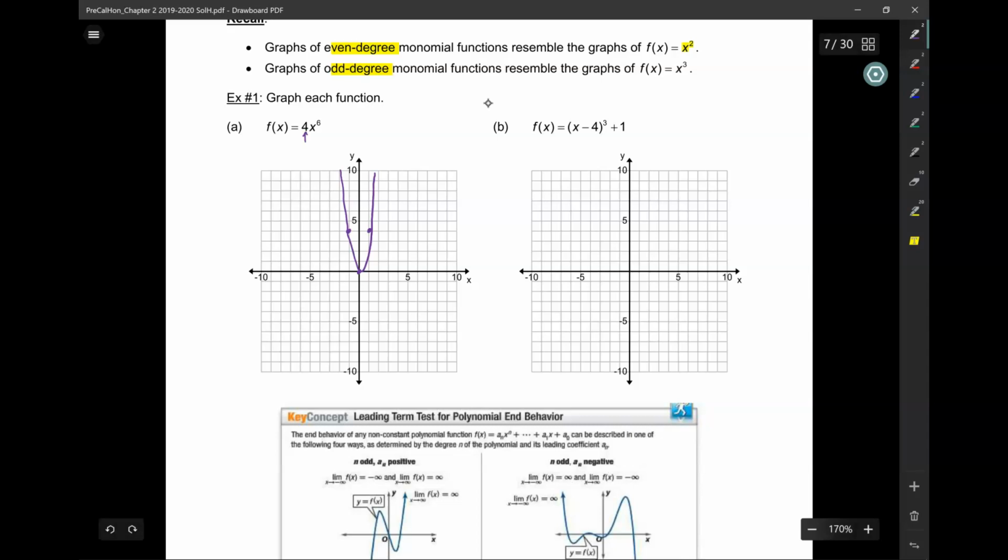In here, this is a cubic function, but it's moved to the right 4 and up 1 unit. That's the center. And now, just like a cubic function, if I go from the center over 1 unit, I go up 1 cubed. Over to the left 1 unit, I go down 1 cubed.